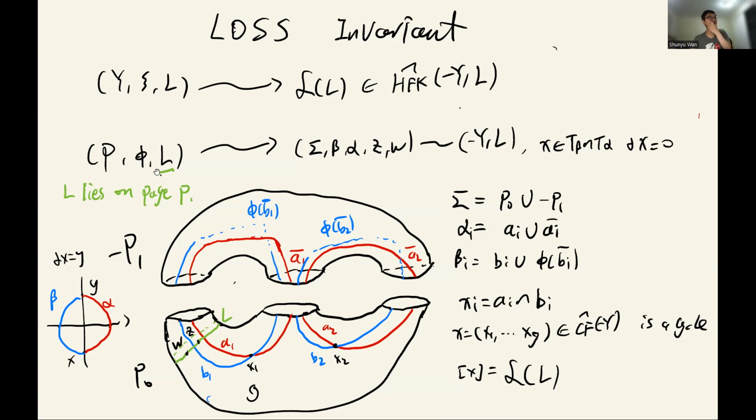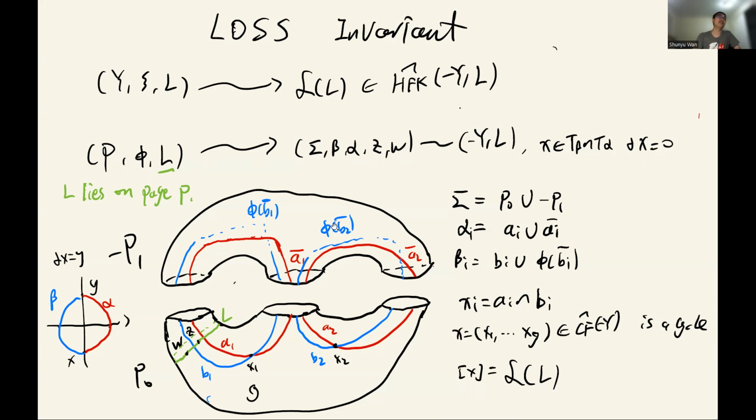We want to associate to these triples a doubly pointed Heegaard diagram (Σ, β, α, z, w) that corresponds to the knot L inside the manifold minus Y. And again, an element x in T_β intersect T_α, such that the differential is equal to 0.